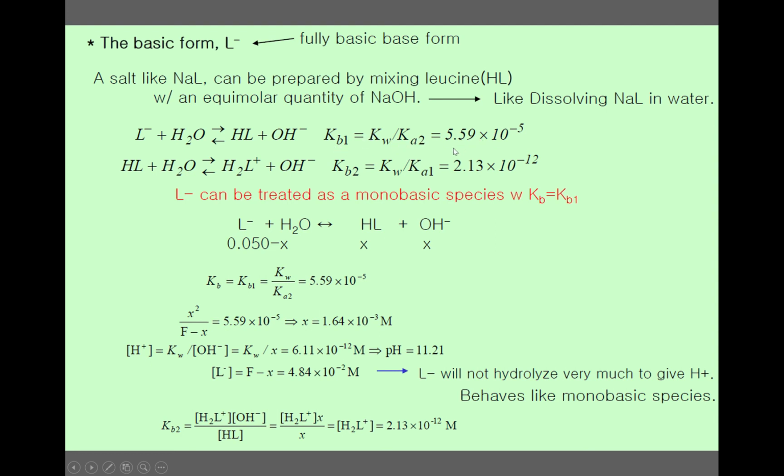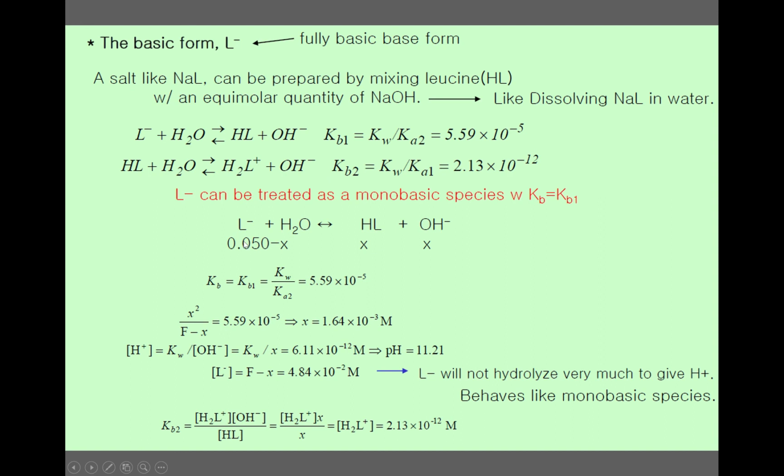It is about 5.59 times 10 to minus 5. But further, this HL takes a proton from water, and in this case Kb2 is quite small, 2.13 times 10 to minus 12. So the difference is really great, and we can only consider the first equilibrium.